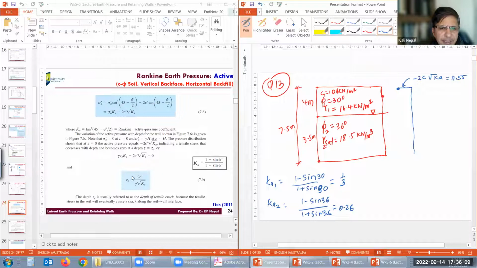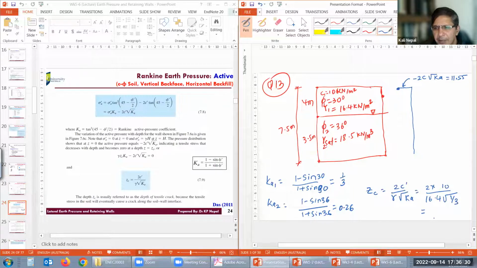Now we have this depth of tensile crack. Can you calculate that? zc equals 2c' over gamma root Ka, with c' being the effective cohesion. 2 times c is 10, divided by gamma, which is 16.4, times root 1/3.